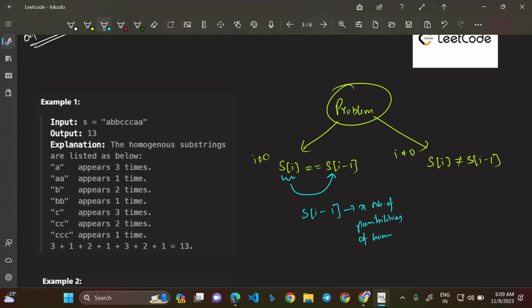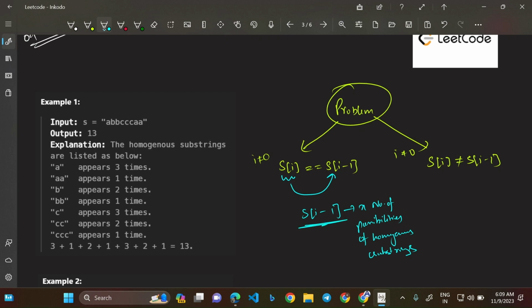Now for all these x possibilities I can add s of i, because in all these x possibilities I could find s of i minus 1.